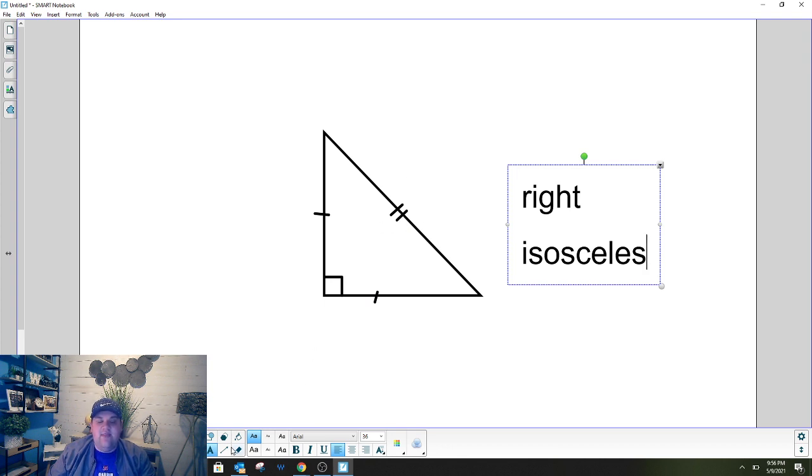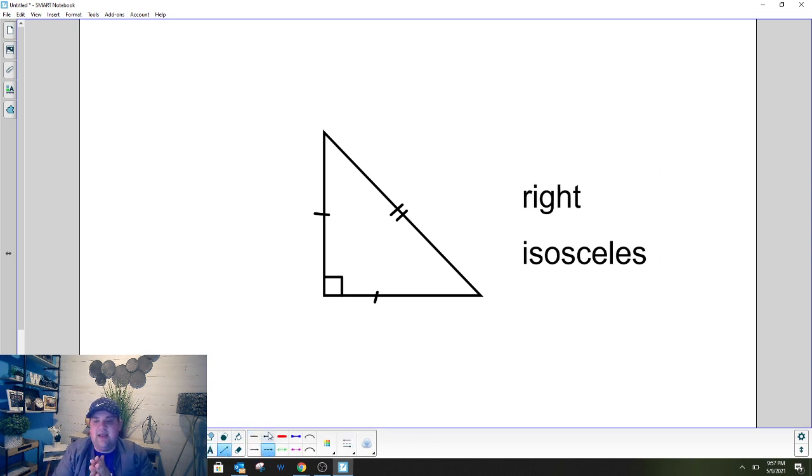Now, if we think about the lines of symmetry here, how many lines of symmetry do you think are in this triangle? Remember, a line of symmetry means that you can fold it and both sides fit on top of each other perfectly. How many lines of symmetry do you think there are? If you said one, you are right, and it's right here. If I folded, both of these sides would be the same.